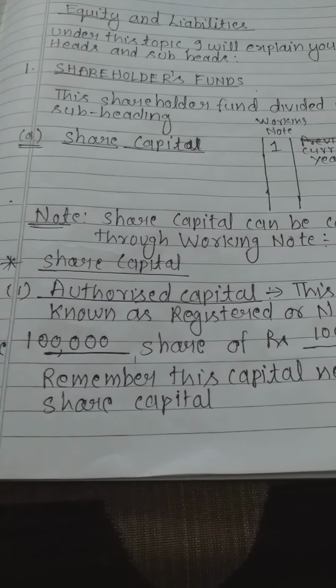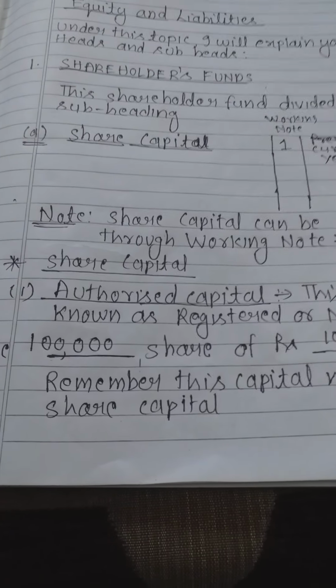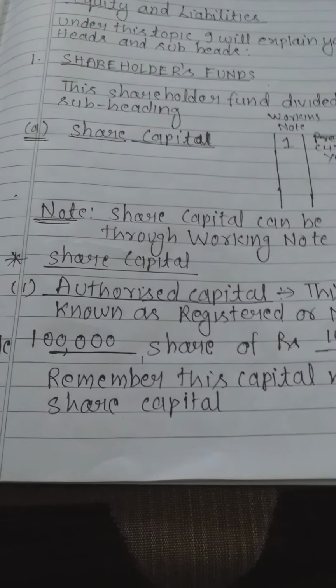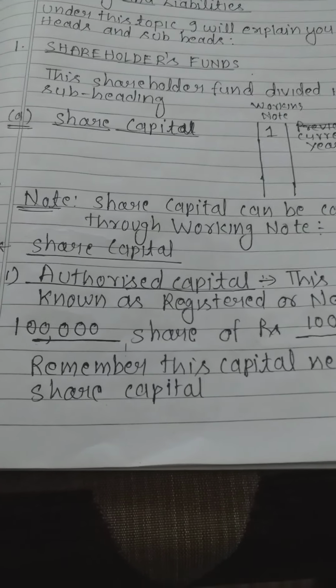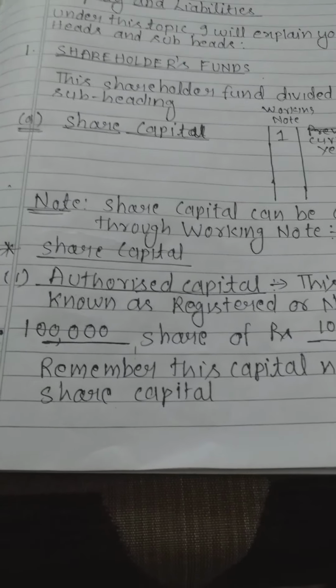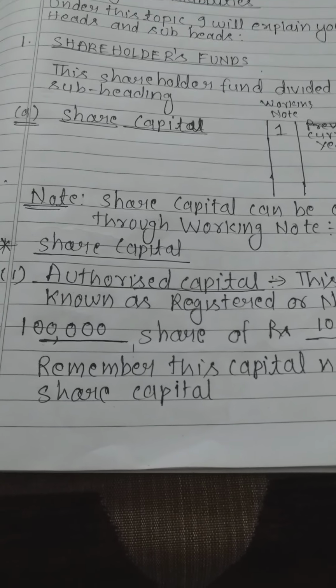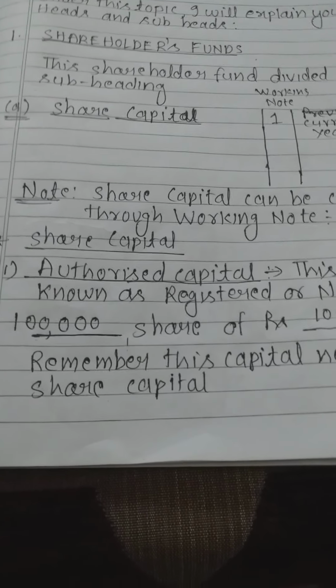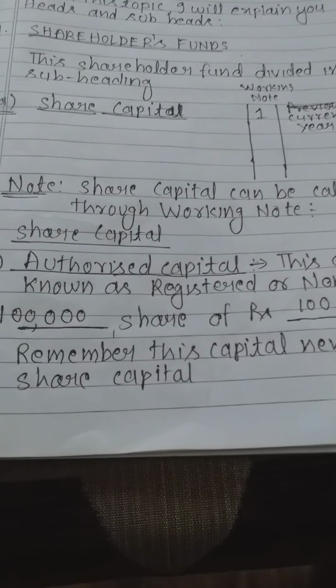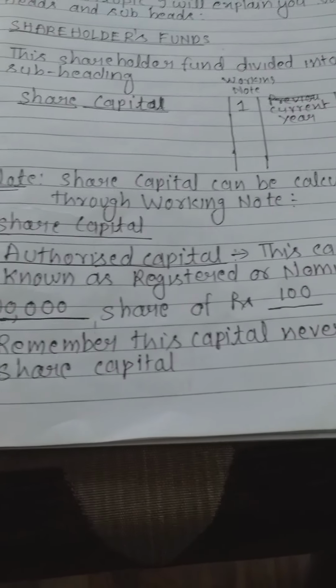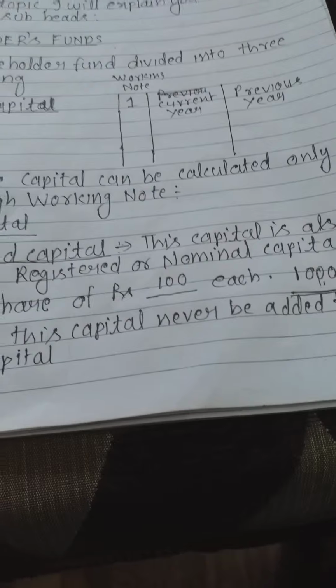That means a company cannot issue more than this amount at any cost. This authorization is given at the time of registration of the company only, and that is the reason it is also known as registered or nominal capital.